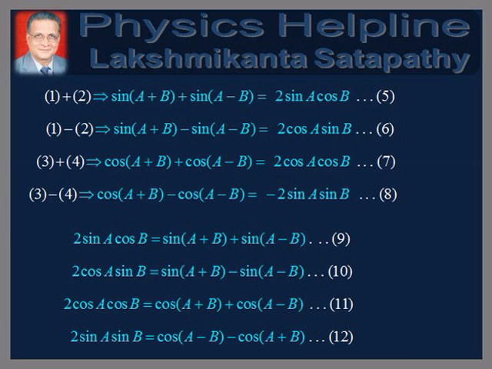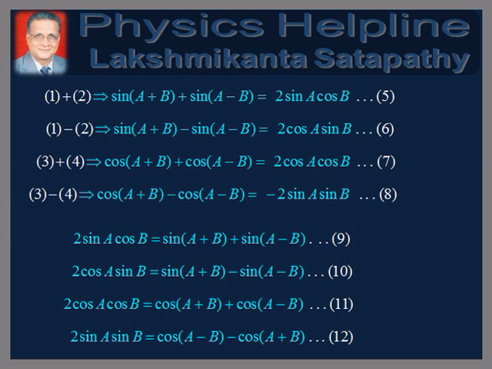Now, adding equations 1 and 2, we get equation 5, and subtracting equation 2 from 1, we get equation 6. Similarly, adding equations 3 and 4, we get equation 7, and subtracting equation 4 from 3, we get equation 8. Now, we rewrite the equations backwards to give equations 9, 10, 11 and 12.